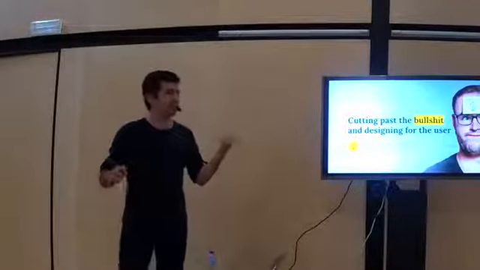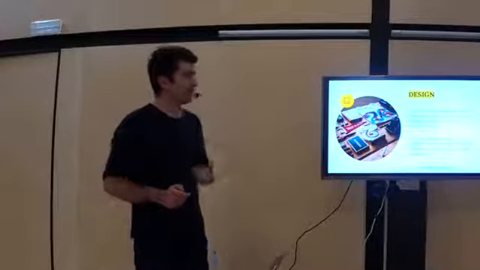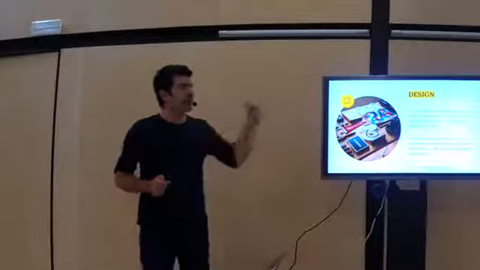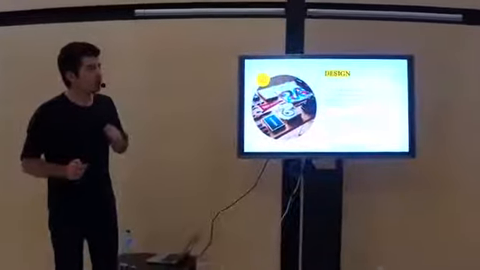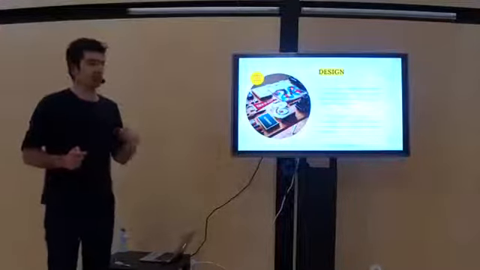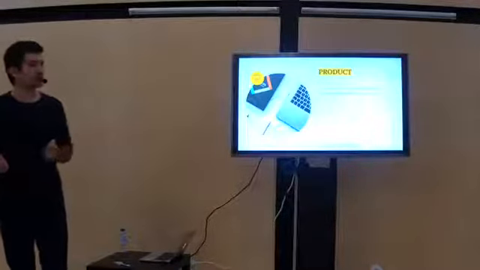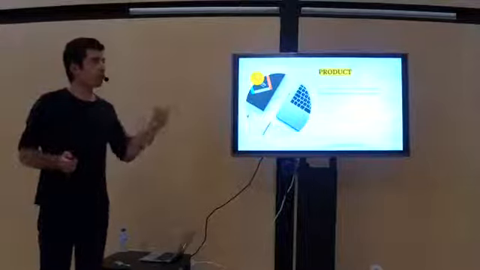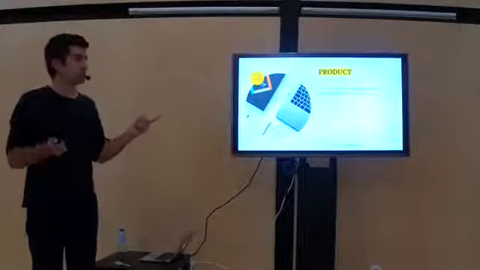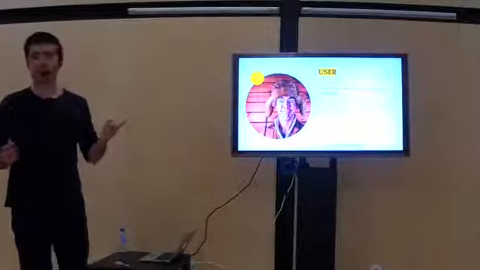Before we go into that too much, let's go into a couple of definitions. For example, design is defined as a plan or drawing to show the look and function or working of a building, garment or other object before it is made. Right? Simple enough. Product, an article or substance that is manufactured or refined for sale. And a user, a person who uses or operates something.